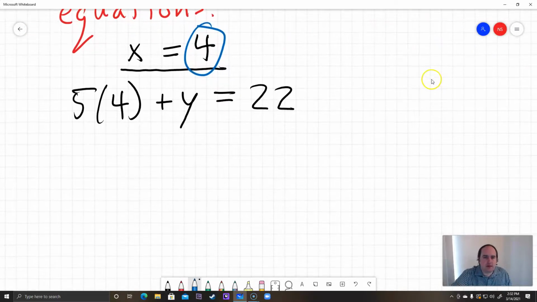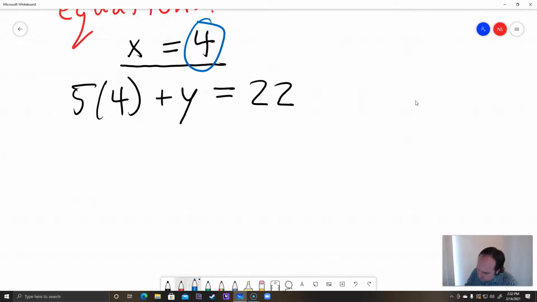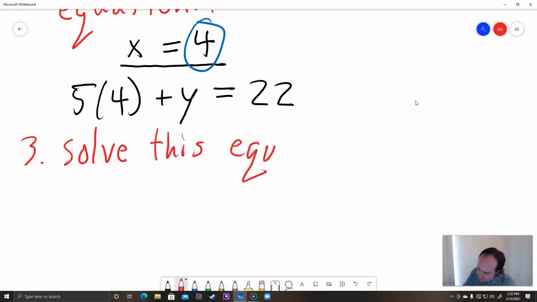So step 3 is solve this equation, the new equation that we got here. So what do we get?